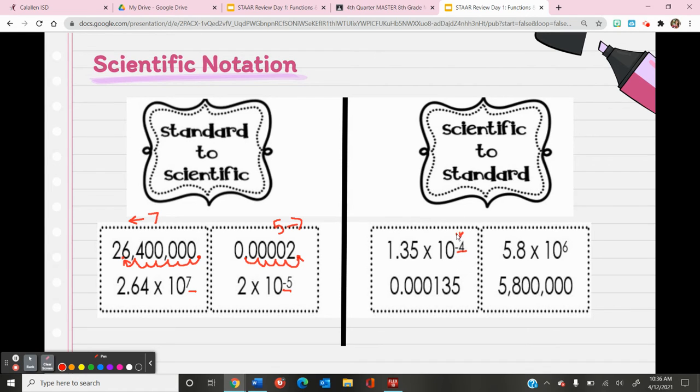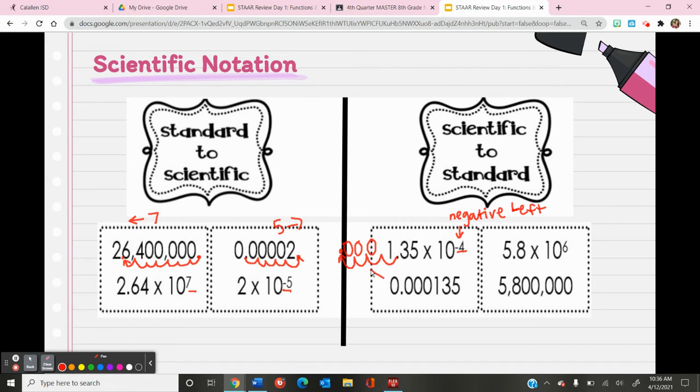So since my exponent is a negative number, this is telling me to move it left. So here I'm going to take my decimal point and I'm going to move it to the left 1, 2, 3, 4 times. Here's my new decimal place, and these get taken in by zeros.